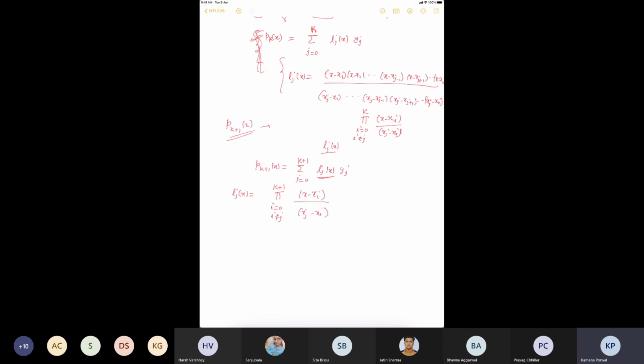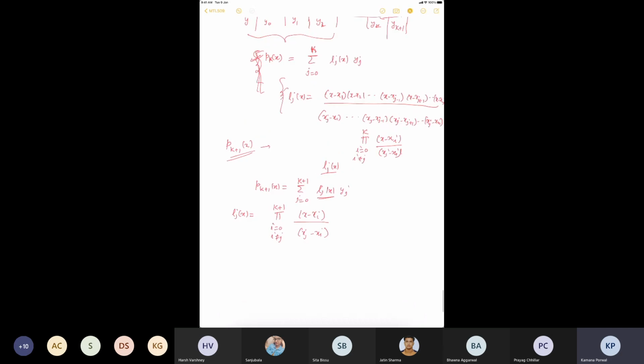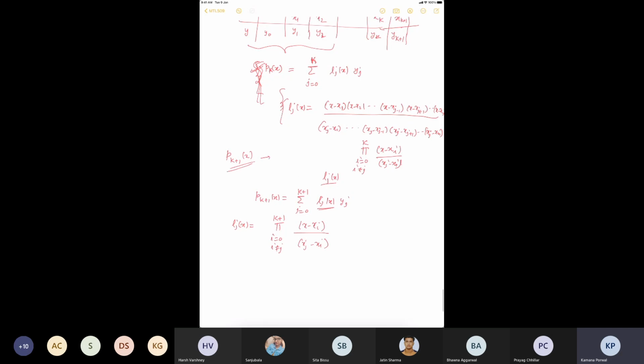You cannot utilize the fact that you have already computed pk of x and incorporate this extra information we have been given. You have to start computing all of your Lj's again corresponding to this new data.